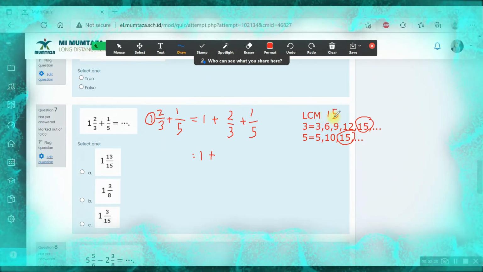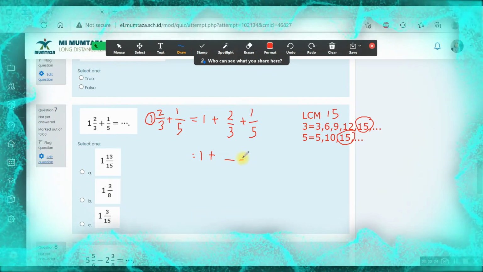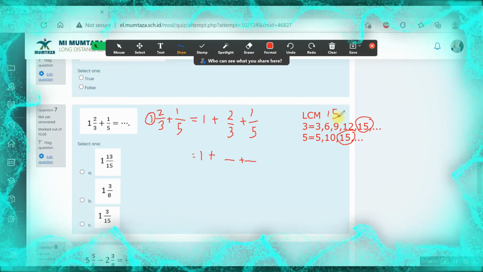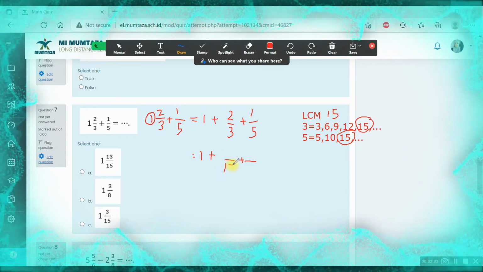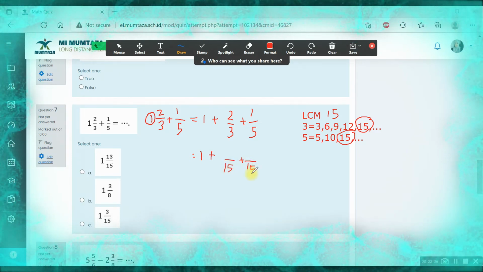Now, because the LCM is 15, we must find the new fraction. The bottom number is 15.